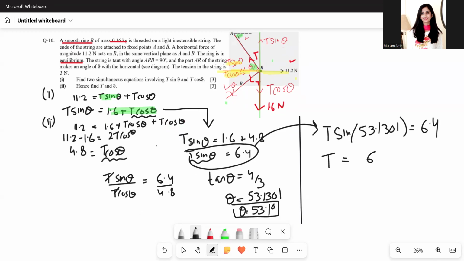T equals 6.4 over sin 53.1301. So I'm doing 6.4 divided by sin of the answer, which gives me exactly 8. So tension equals 8 newtons. By using the answer key in the calculator, you can avoid premature rounding and you get an exact answer of 8 newtons.